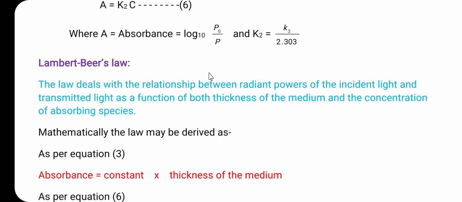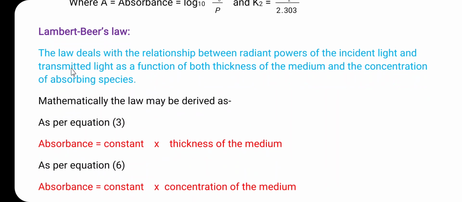Then let us consider the next law, the Lambert-Beer law. Friends, the Lambert-Beer law is a combination of two laws, the Lambert's law and the Beer's law. That is why it is called the Lambert-Beer law. This law deals with the relationship between the radiant power of the incident light and transmitted light as a function of both the thickness of the medium and the concentration of the absorbing species.